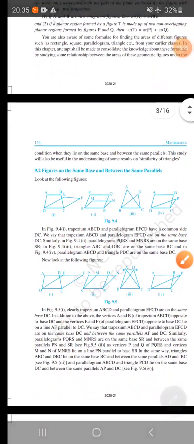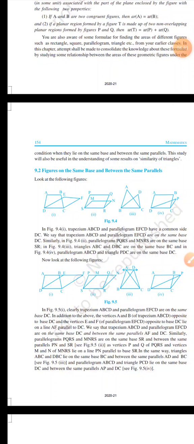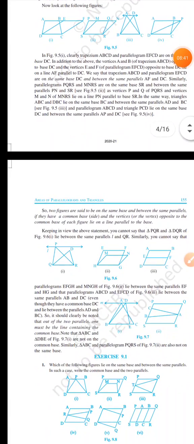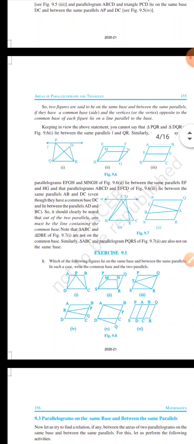Right, now why do we need to study the polygons lying under these criteria? It becomes important because of some properties that will allow us to solve some very difficult problems in an easy manner.